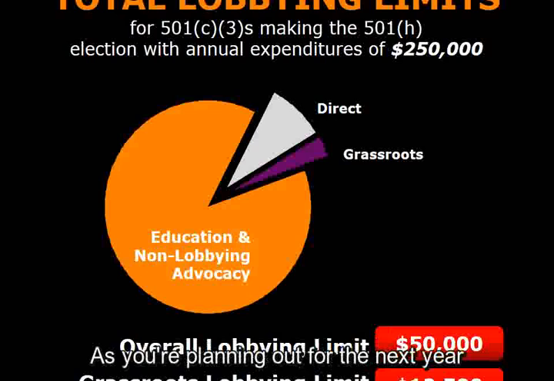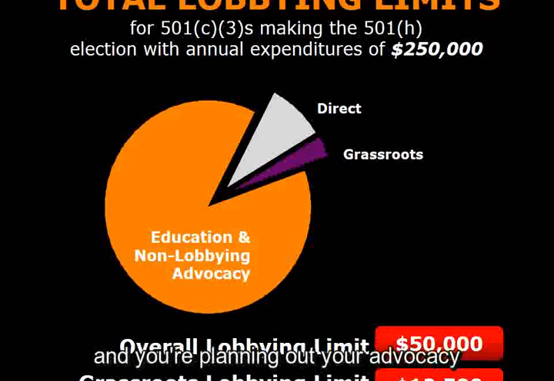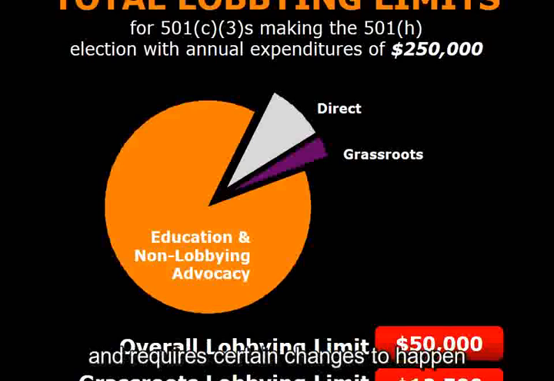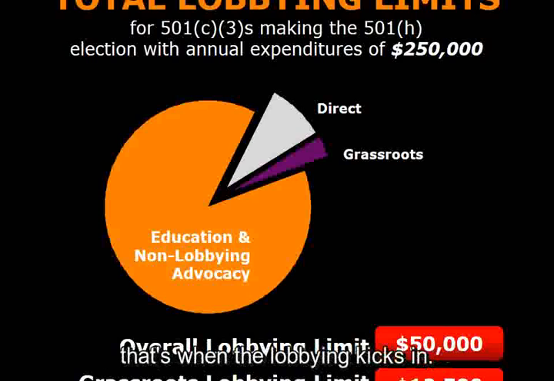But as you're planning out for the next year, and you're planning out your advocacy, and you see issues arise that require you to have a different form of advocacy, a more direct form of advocacy that reaches into the legislature or reaches into your city council and requires certain changes to happen, that's when the lobbying kicks in.